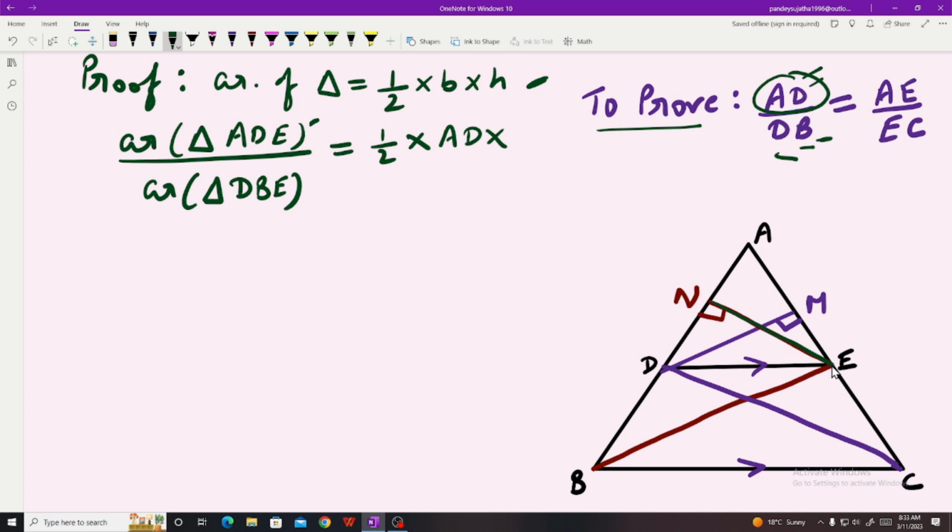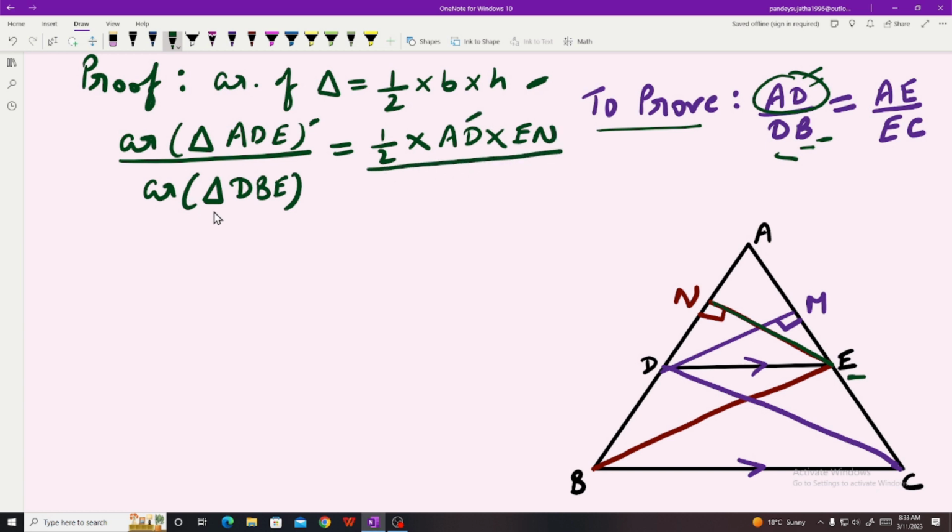This will be the corresponding height. So in the other way, we can say that if the base is AD and the vertex opposite to this base is E, the perpendicular to be drawn from this vertex gives the height. So EN is the height of this triangle when base is AD.